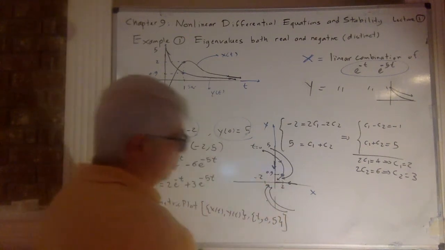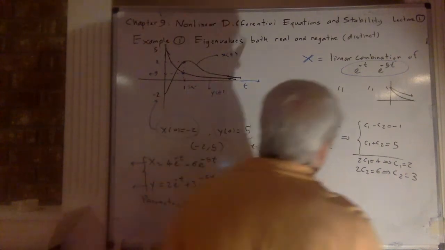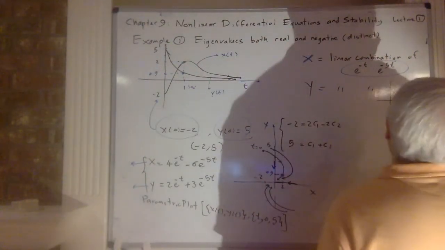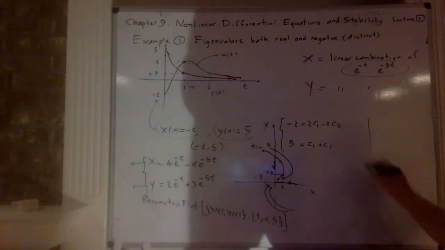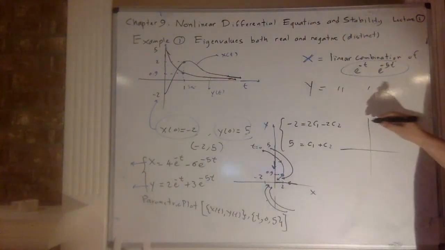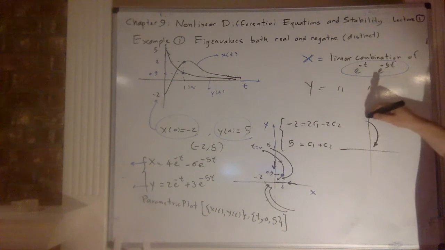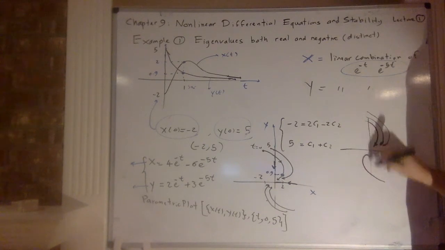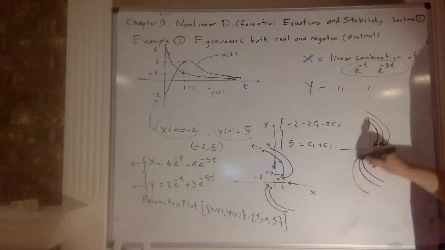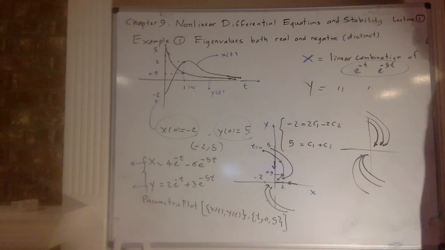In fact, if you graph the trajectories in the phase plane on Wolfram Alpha, for example, or Mathematica, you will see that they are like this. They never intersect, but they get closer and closer to 0 this way.